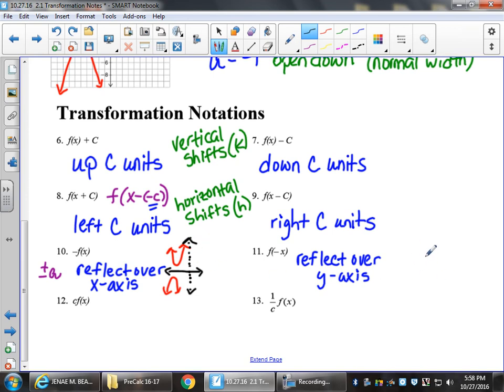When we look at this example, I'm going to make my y-axis solid because that's what I want you to pay attention to, but the x-axis is still there. So here, what will this look like? So my negative sign, notice, is not on the outside, it's on the inside, f of negative x. So if this is my starting graph, I am now reflecting over the y-axis.